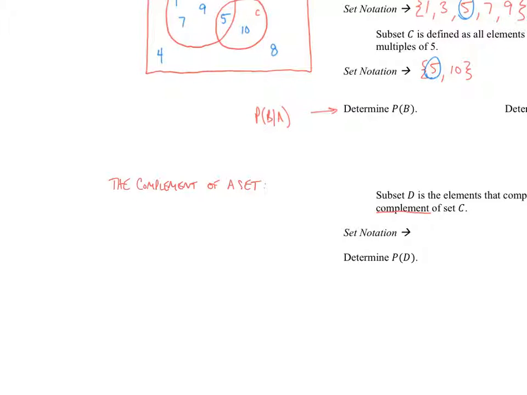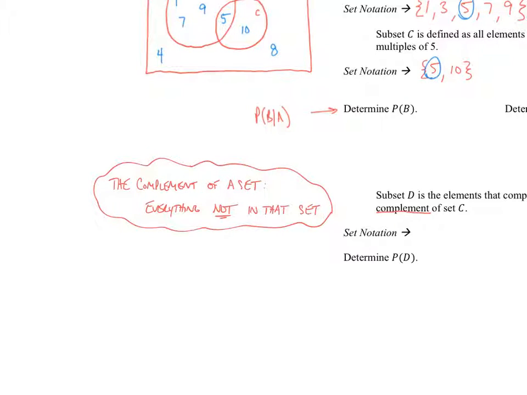So the complement of a set is just basically everything that isn't in that set. So everything not in that set. And that's a definition that's going to be pretty important, but I'll give you an example.